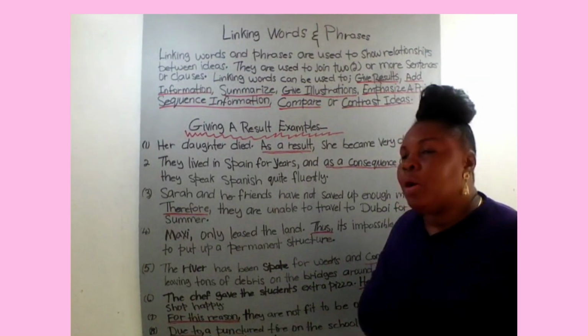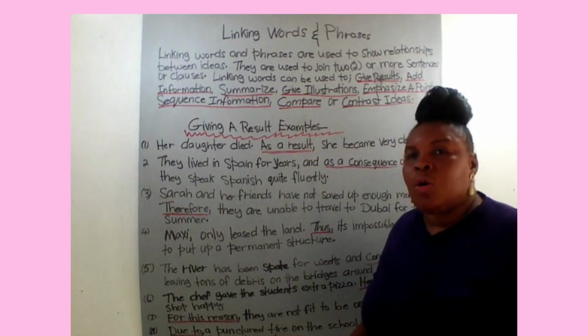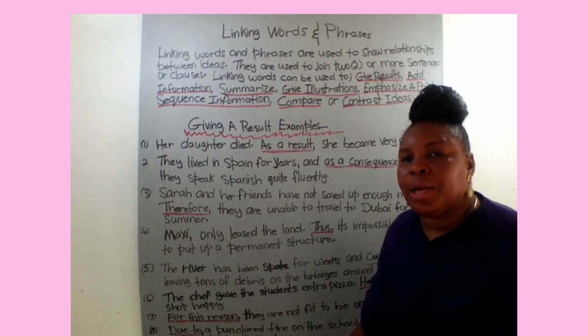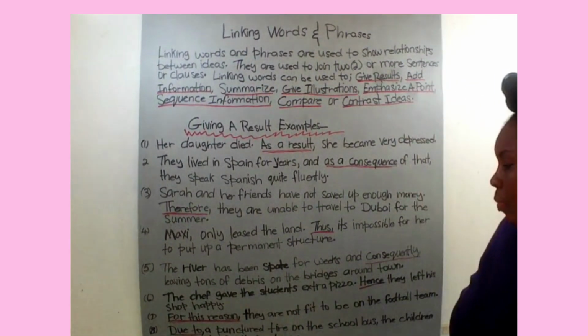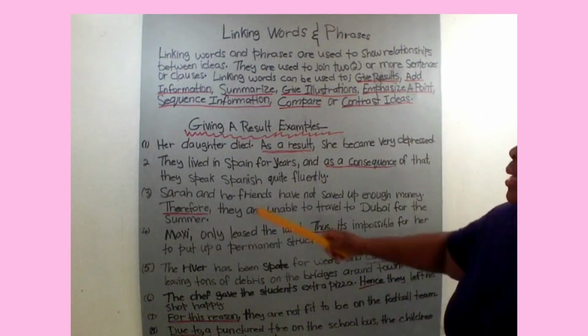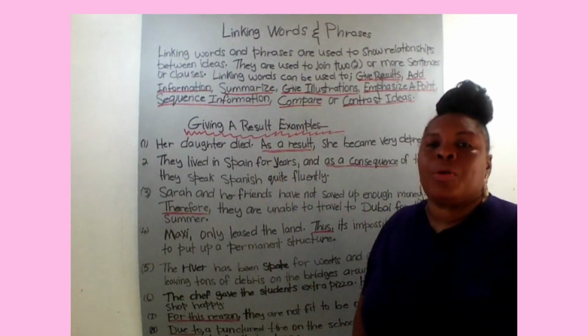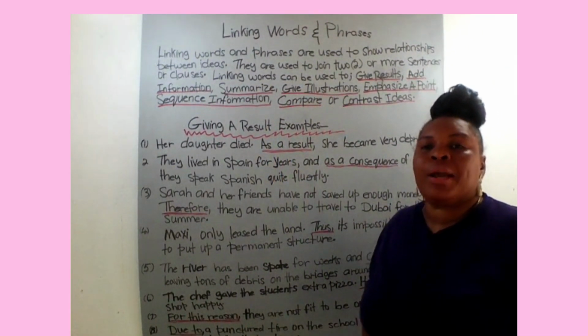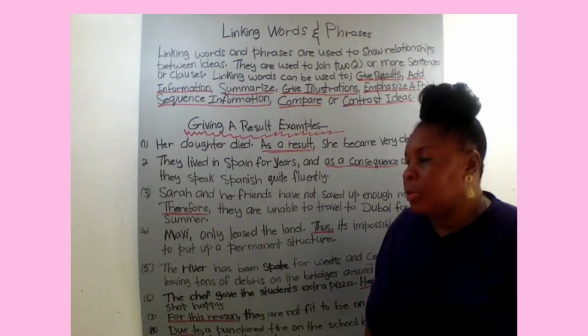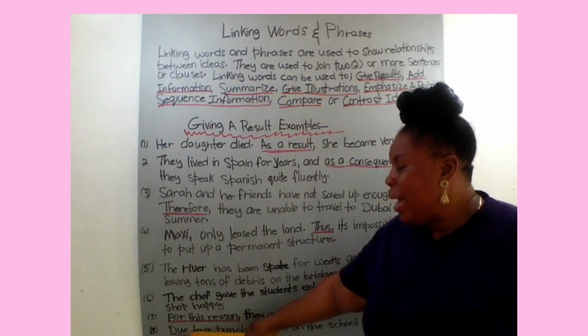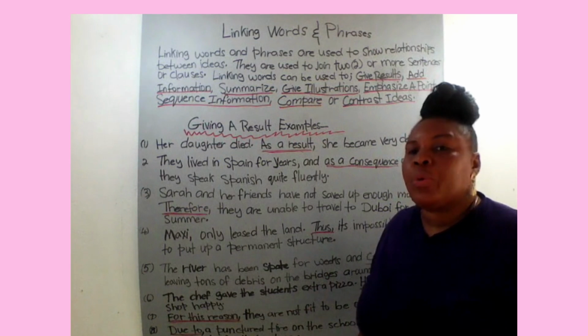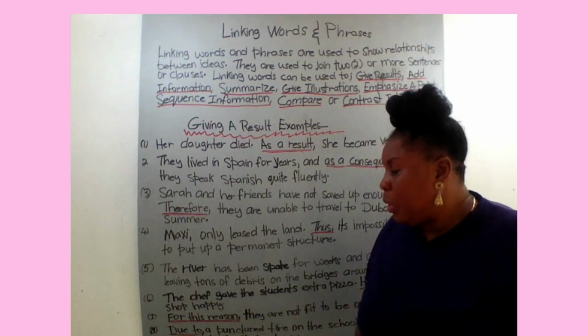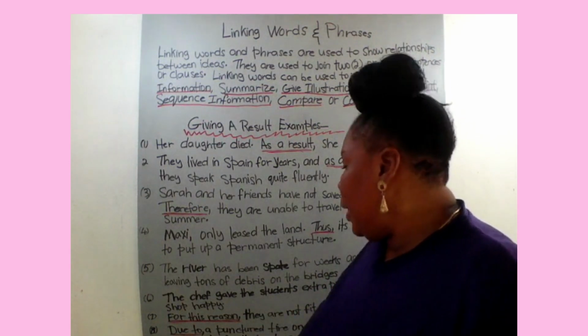So the punctured tire is the cause why they were late for their classes. And so that is the result, right? They were late for their classes would be the result. So to have the linking word together, you say due to. So due to would be the linking word.